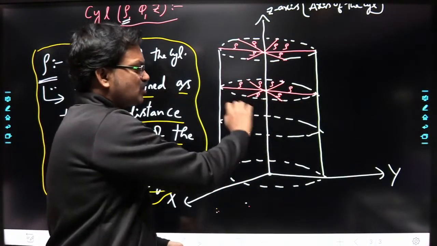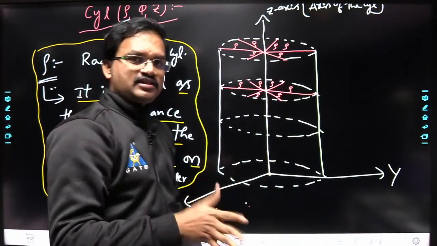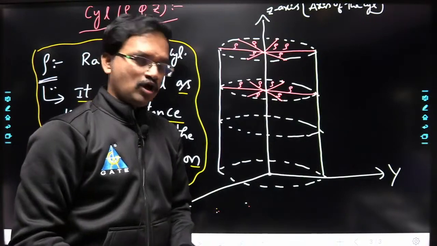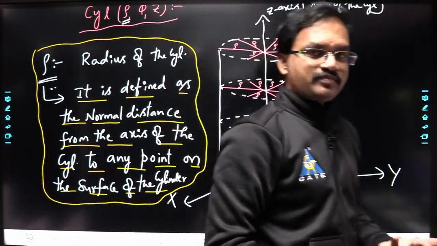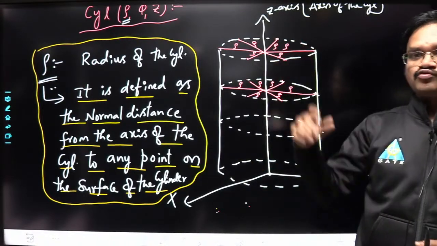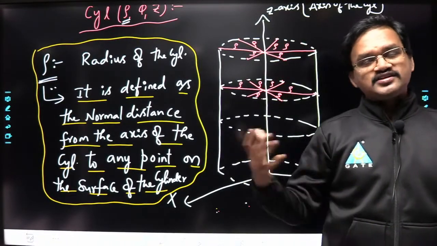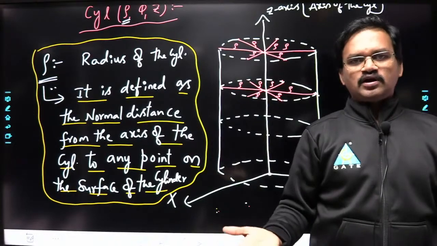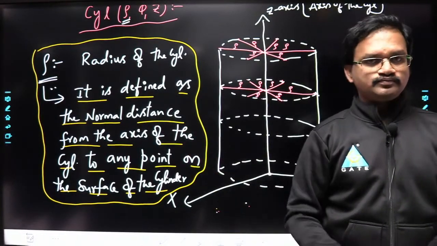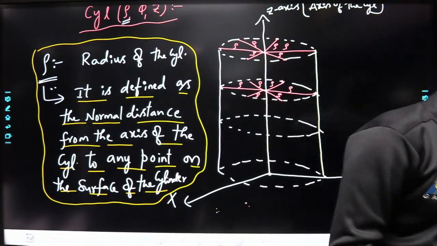Now the radius of each and every circular ring is nothing but the radius of the cylinder, that is nothing but rho. So you can easily visualize it in this manner. Yes or no? It is simple, or not?